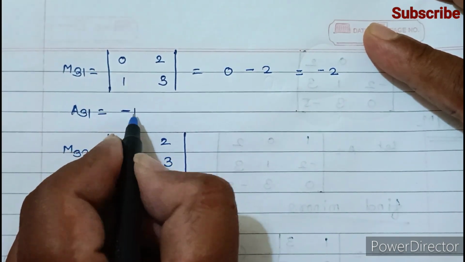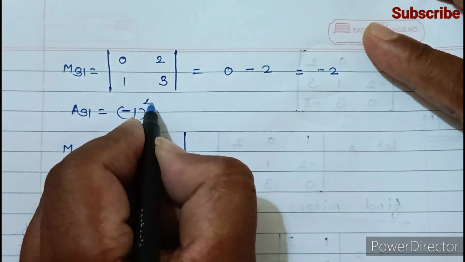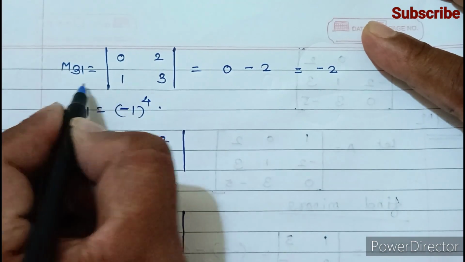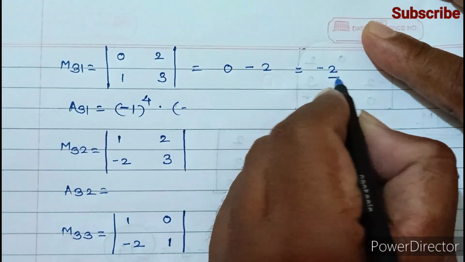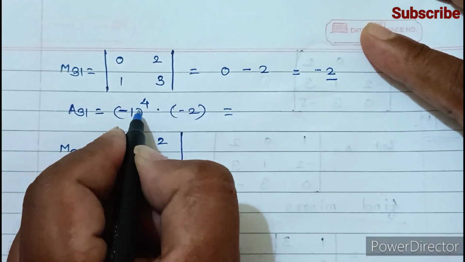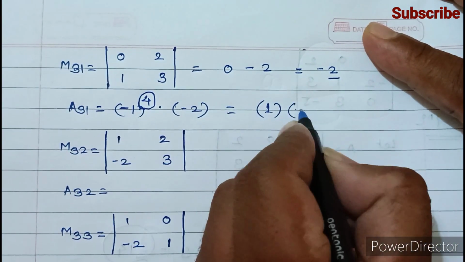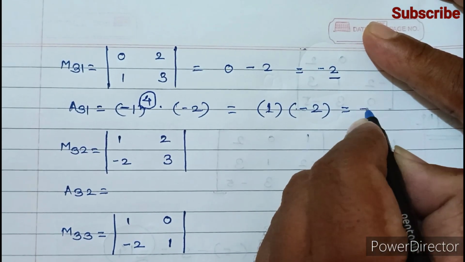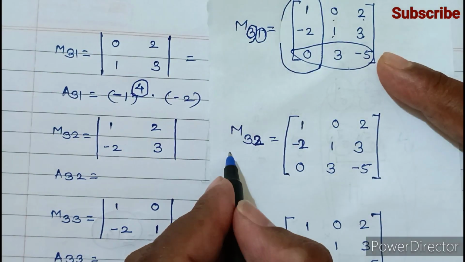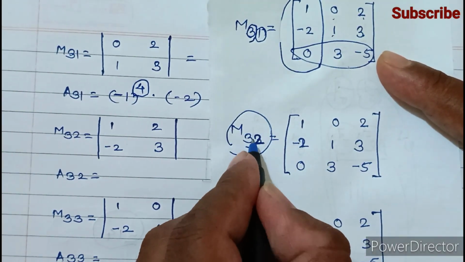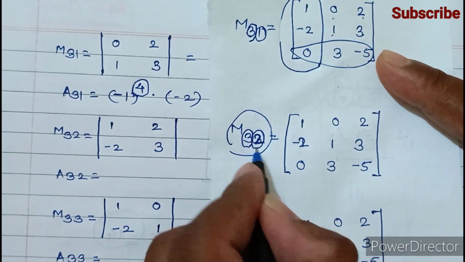A31 is minus 1 to the power 3 plus 1, that is 4, into the value of M31, that is minus 2. Here the power is an even number, therefore it will become plus 1, into minus 2, which becomes minus 2.